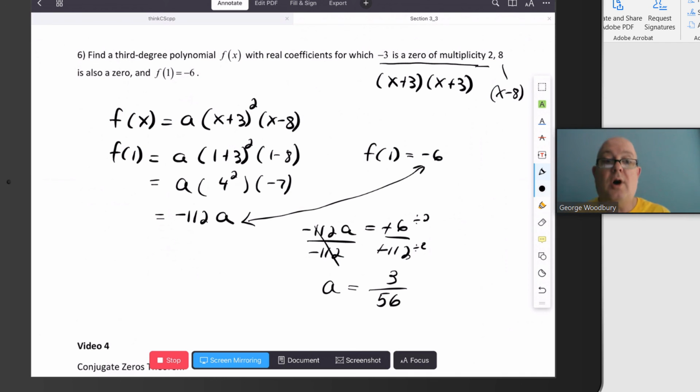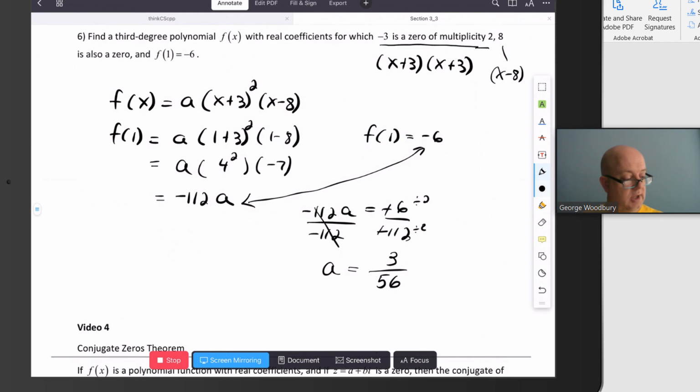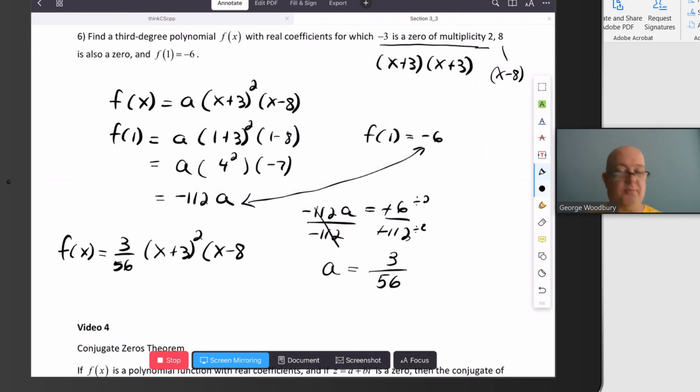There are no common factors for 3 and 56, so we've come up with our function. Let me write it here. f of x equals 3 over 56 for a, times x plus 3 quantity squared, times x minus 8. There's the function that has those zeros, along with the fact that f of 1 is equal to -6.